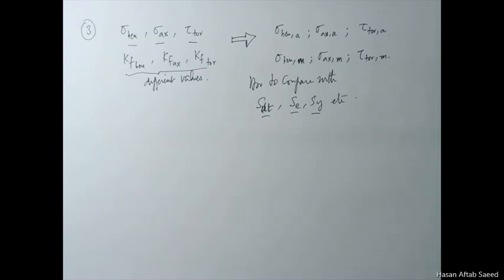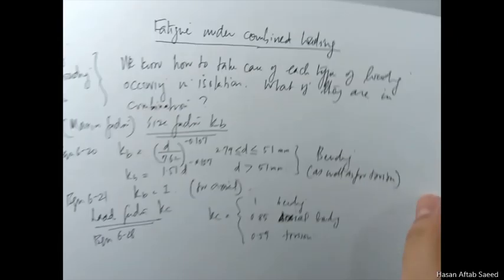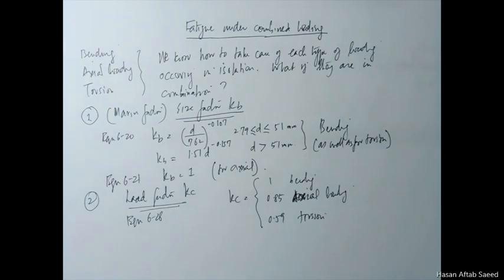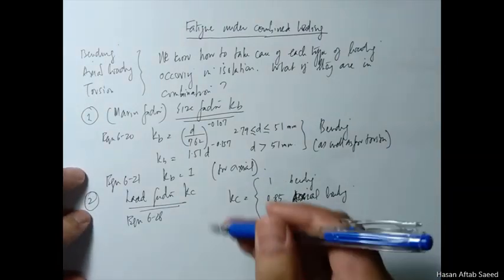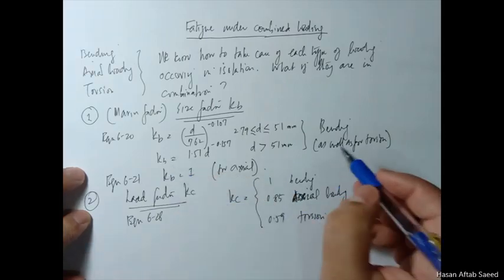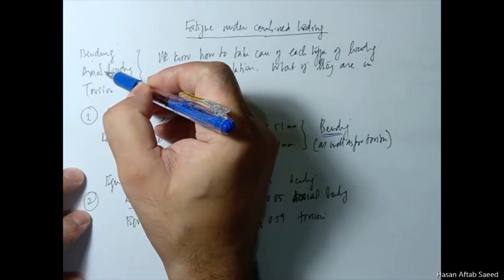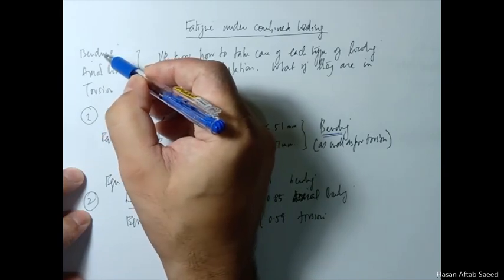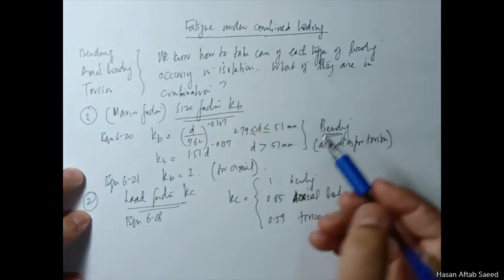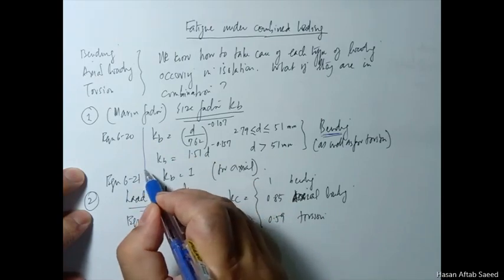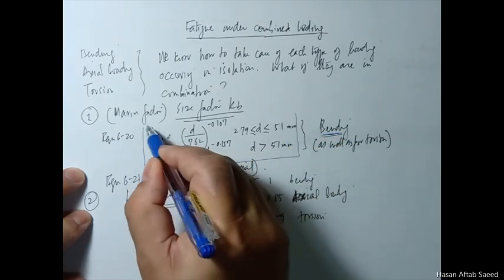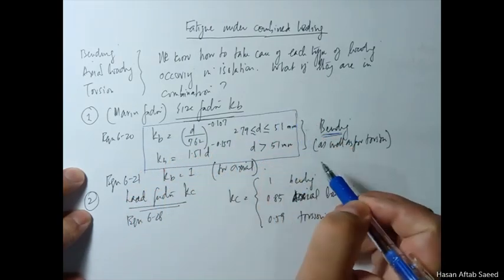What we do with the first of our problems is we simply take KB for bending. We don't take it for axial. Even if axial loading is there and torsional loading is there, you take it for bending, and for bending and torsion it is the same. So we are going to stick to this as if it's simply bending.